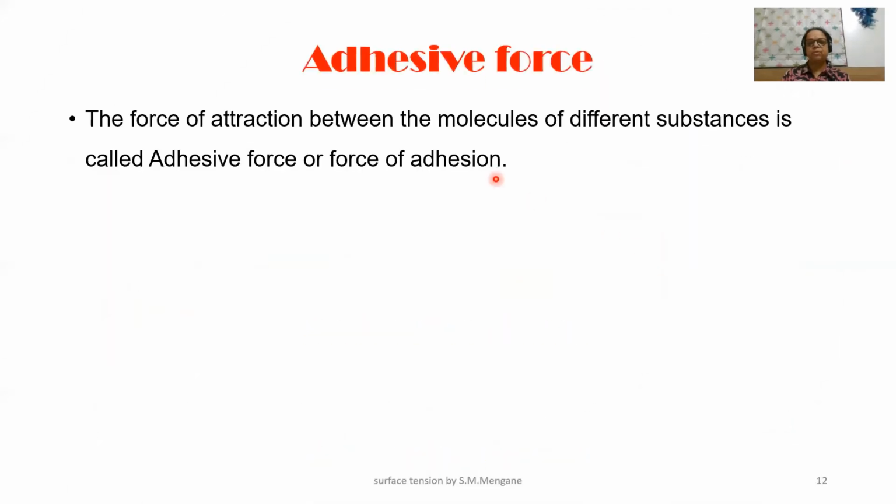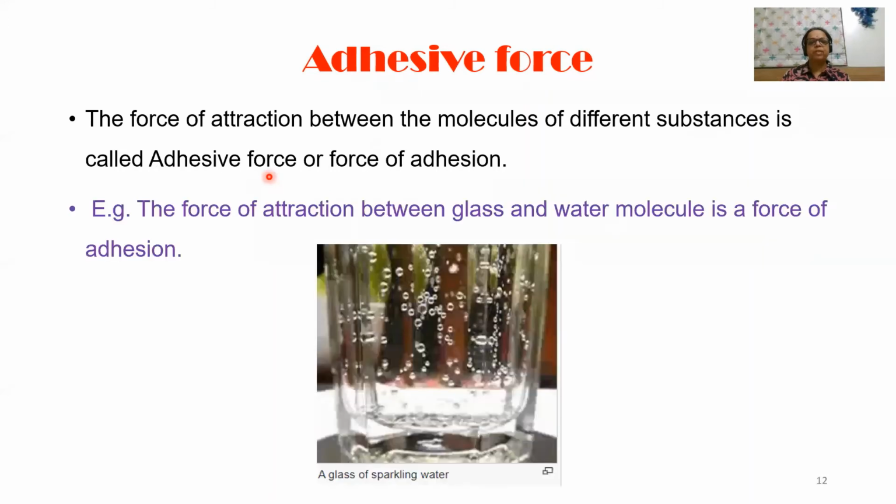Adhesive force. The force of attraction between the molecules of different substances is called adhesive force, or force of adhesion. Example, when we pour a liquid in a glass and then empty the glass, water molecules cling to the glass surface as shown in this picture.